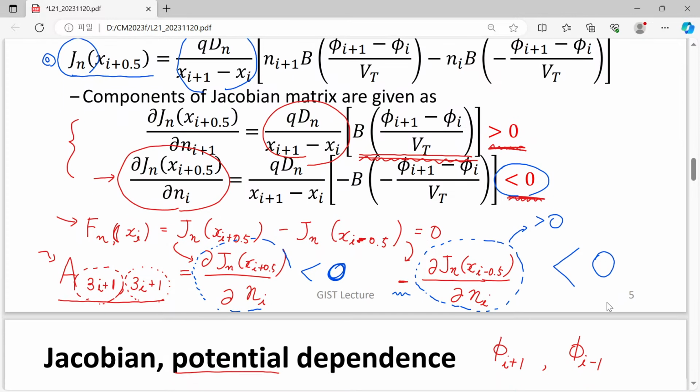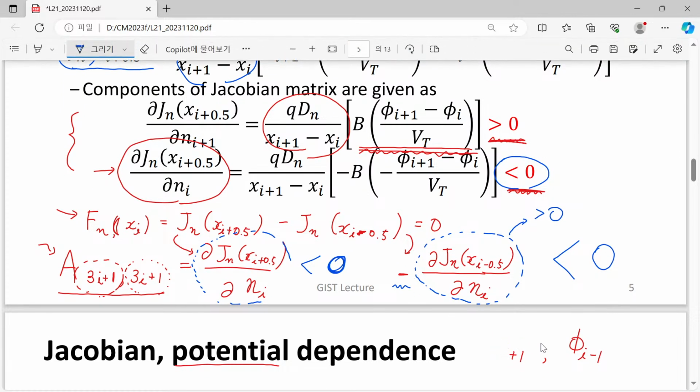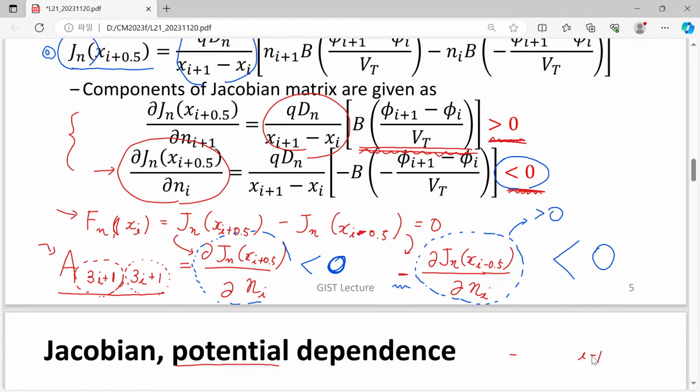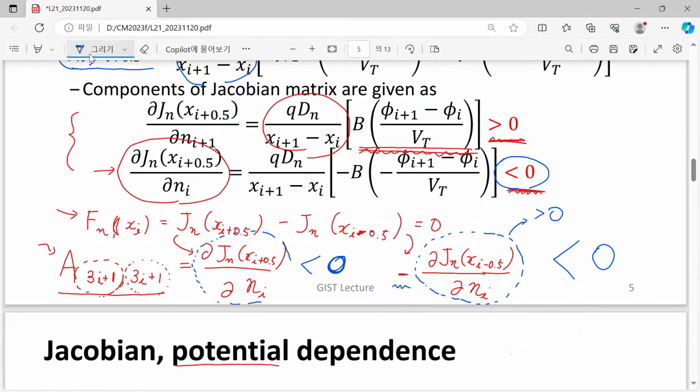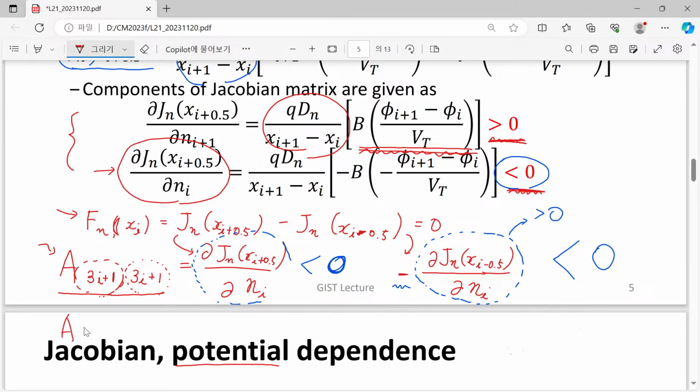Let me do a similar thing. For example, I want to ask you another similar problem. A sub 3i plus 1, comma, however, the column index is 3 times I plus not 1 but 4.